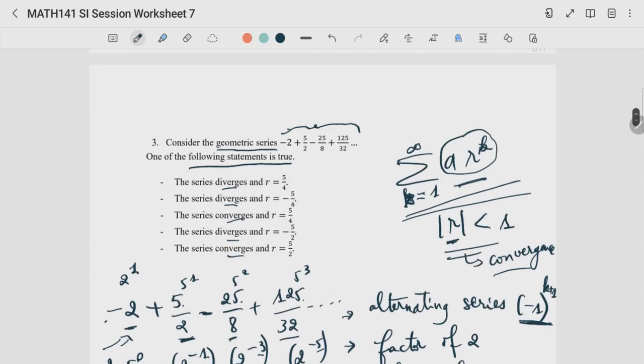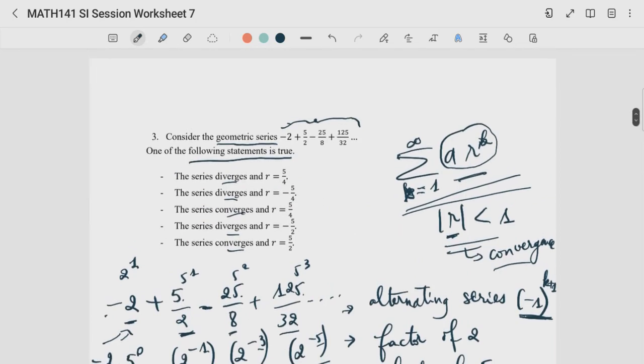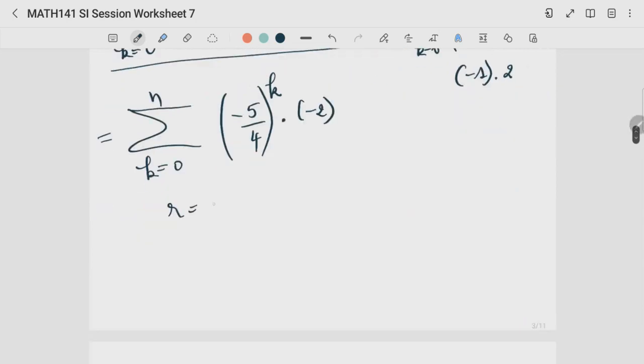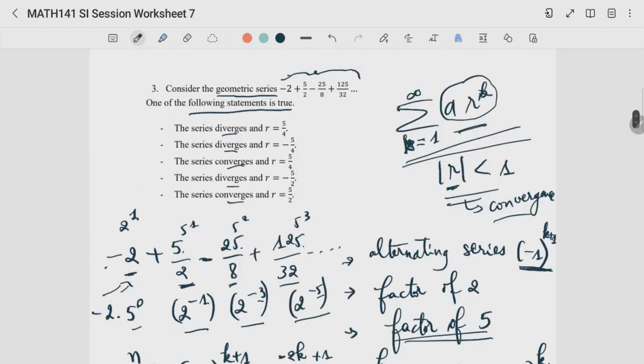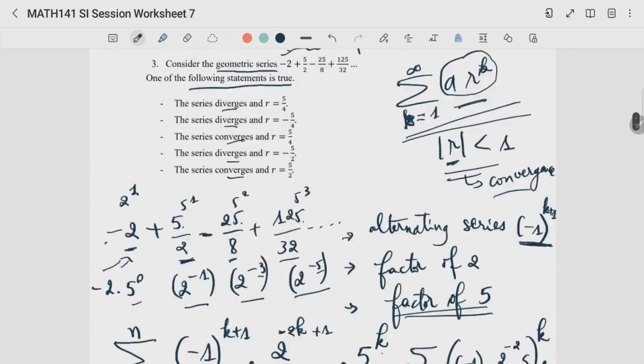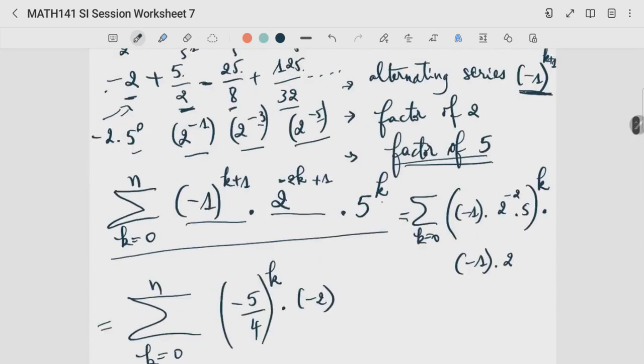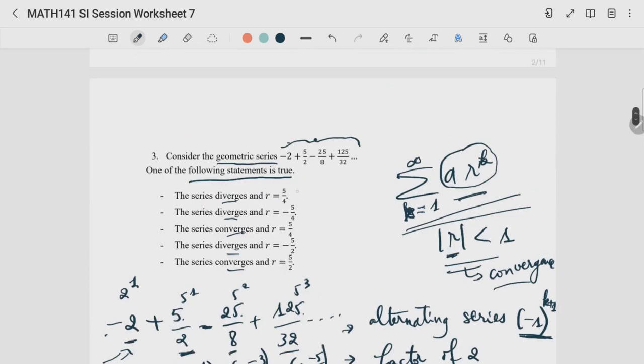And if we compare both forms, we can see that r is equal to -5/4. So immediately, if we go back to the options that are given to us, since we know that r is equal to -5/4, what options are eliminated? The first, the third, the fourth, and the fifth. So we are only left with one option really, which is option 2.